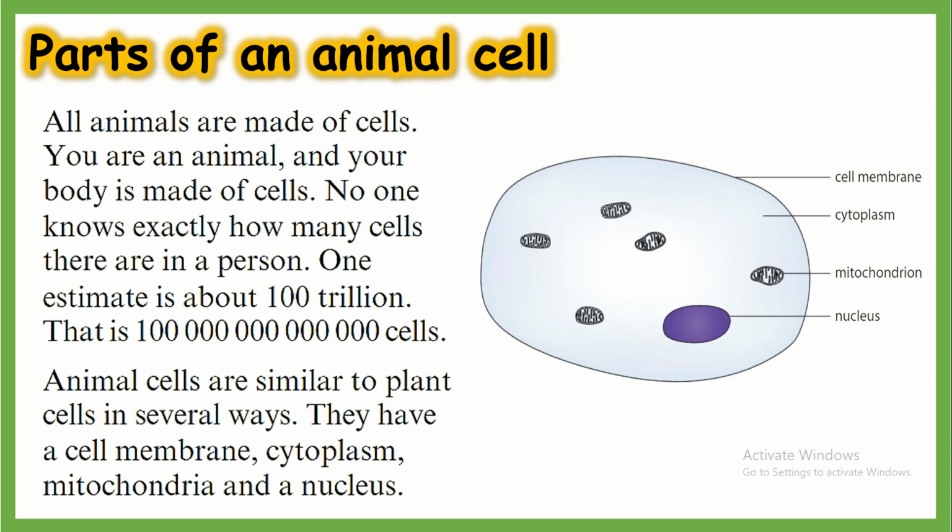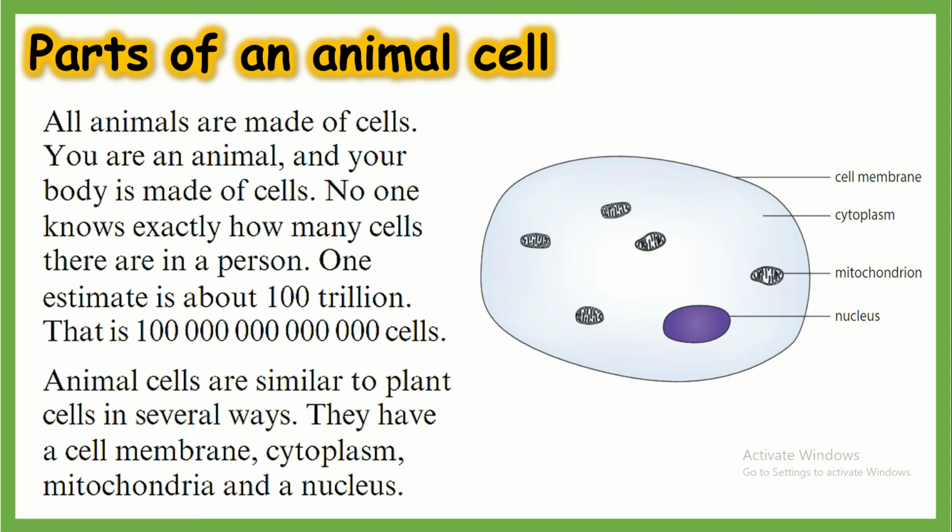They are not known, but there may be 100 trillion cells present in a single person. Okay, so if someone asks you what is a cell, the best answer is that all animals are made up of cells. So we can say that cell is the basic unit of life.